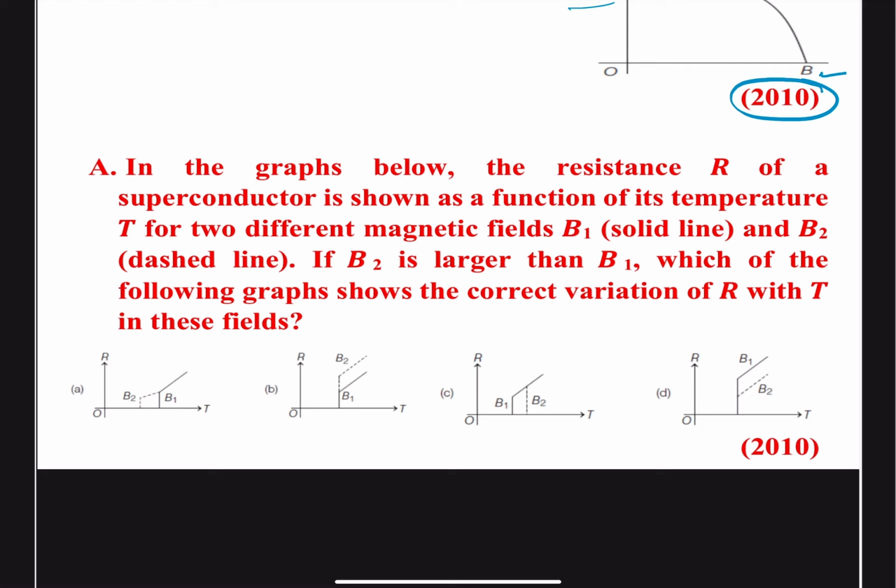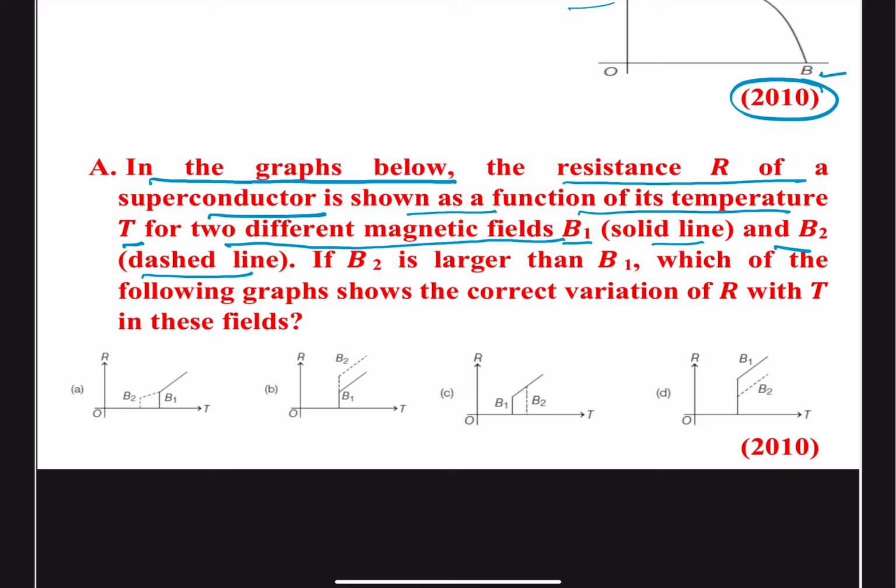In part A, it asks that in the graphs below, the resistance R of a superconductor is shown as a function of temperature T for two different magnetic fields. Solid line, which represents B1, and B2 is a dashed line. If B2 is larger than B1, which of the following graphs show the correct variation of R with these fields?